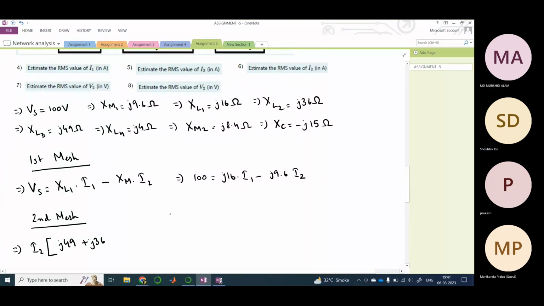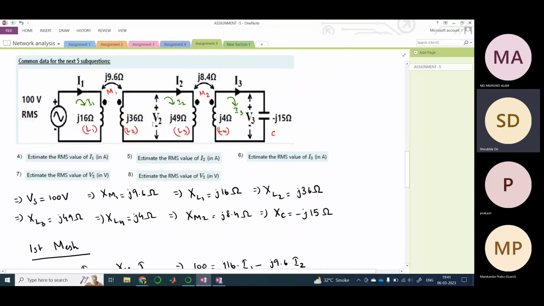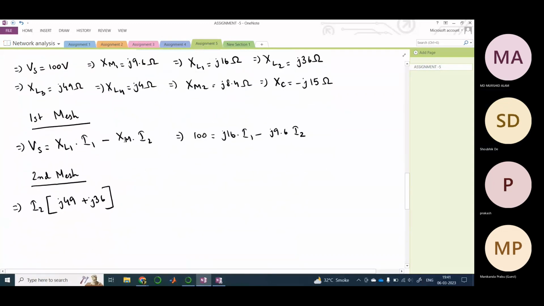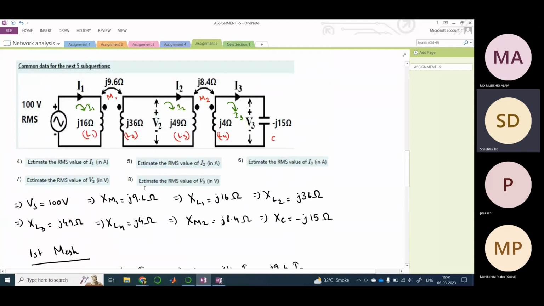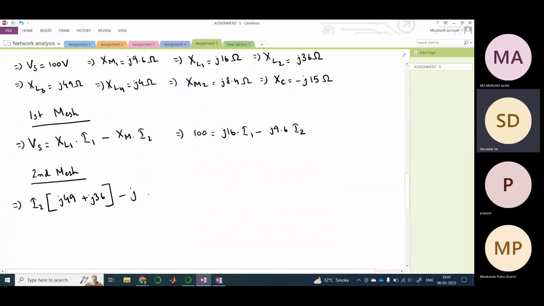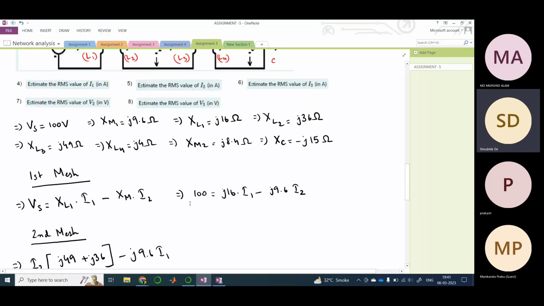Okay, so let me just close this bracket here. Now, this thing would be what? As you can see, I2 is entering through the negative part, that is the lower part, not through the dotted part of L2, and I1 is entering through the dotted part of L1. Therefore, this would be minus J9.6 I1.